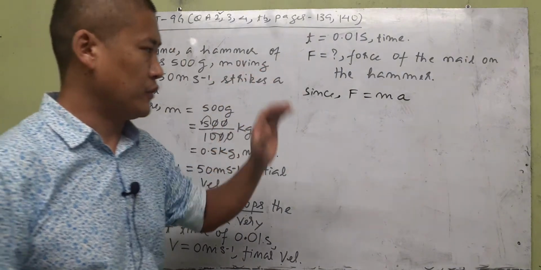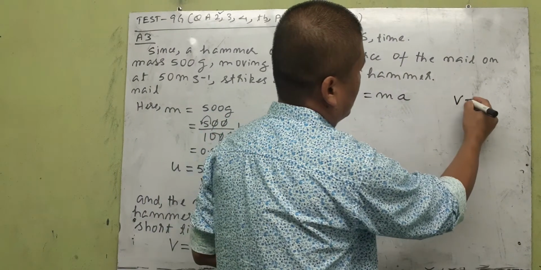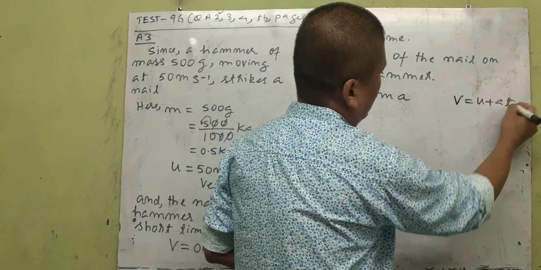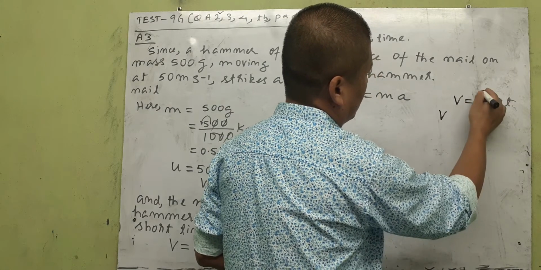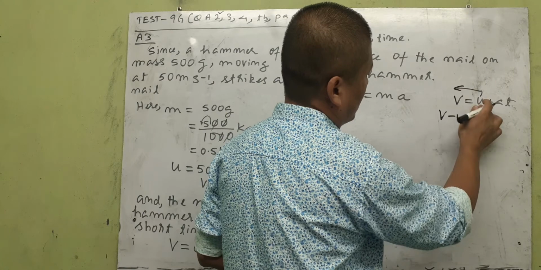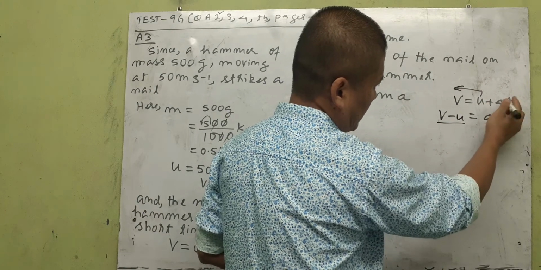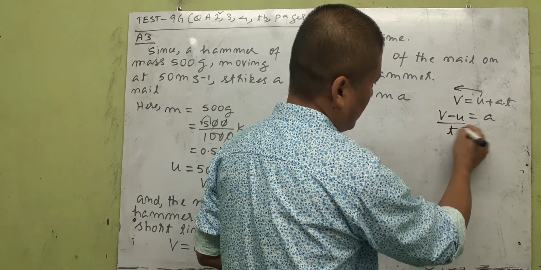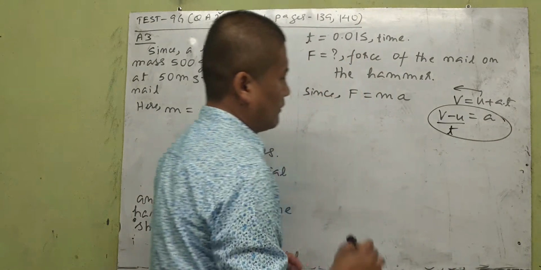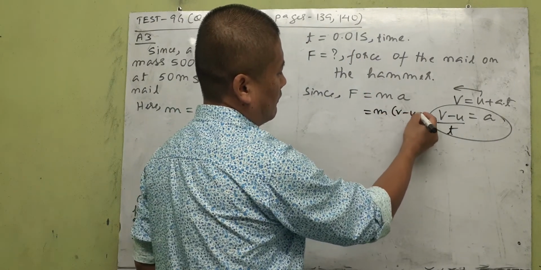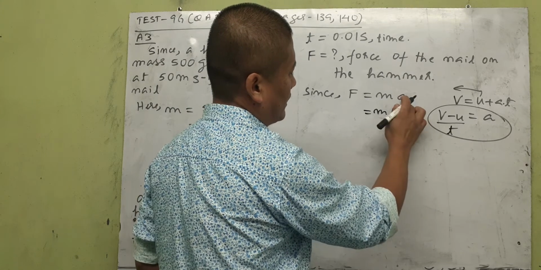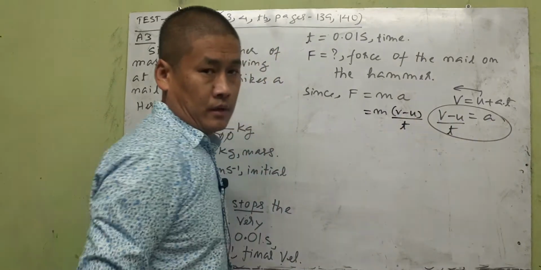But in our first chapter on motion, we know this a here, v is equal to u plus at. So shift this a, then shift this, then it becomes minus, plus u becomes minus u, and then shift this t, then come down. So a is v minus u by t. So I can write m into v minus u by t, replacing a value like that, right?